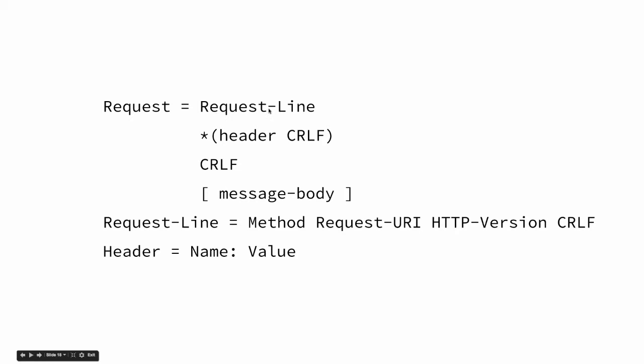You have your request line, and then you have your headers and then message body, and carriage return line feed right here. And the request line has your method, the request URI, and the HTTP version, and then carriage return line feed. And so that's what we saw right here.